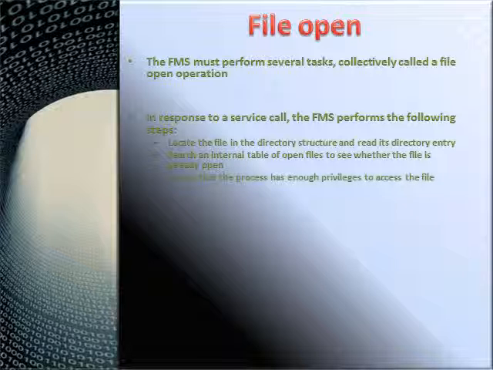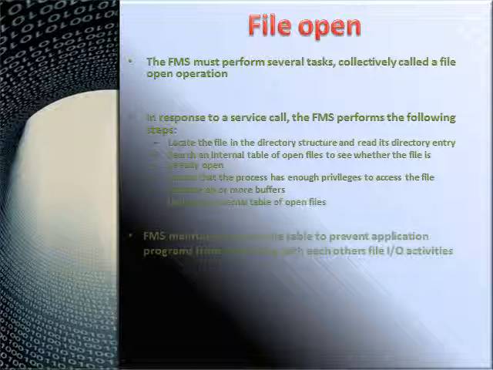Ensure that the process has enough privileges to access the file. Allocate one or more buffers. Update an internal table of open files. FMS maintains an open file table to prevent application programs from interfering with each other's file and output activities.